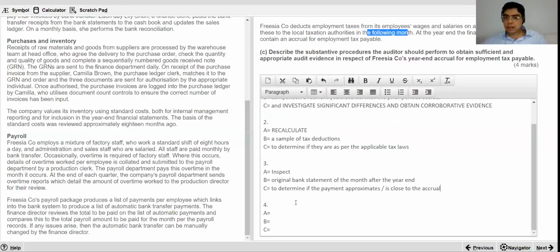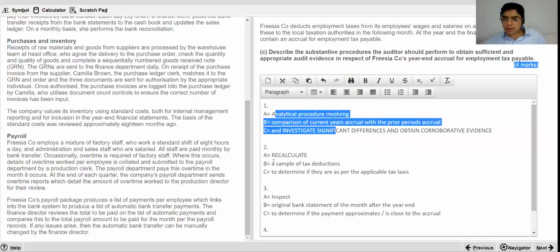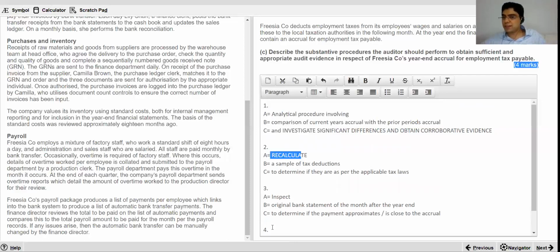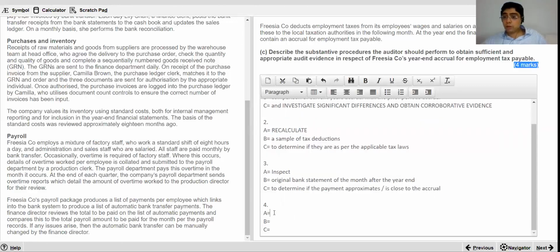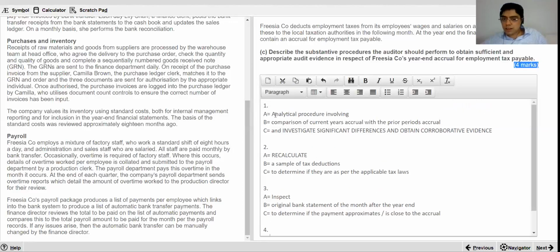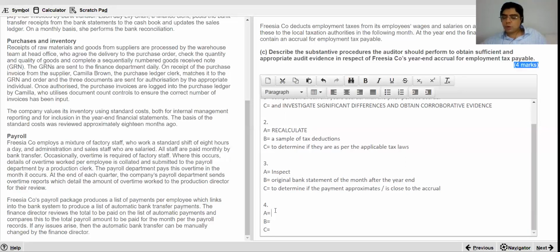So that's like some key procedures. 4 marks, again, I mean, getting this mark shouldn't be difficult. This is relatively straightforward, right? Now the 4th, so there are easy marks. I mean, within this question, the first and the second procedure shouldn't be too difficult. Now, what could be a 4th procedure?